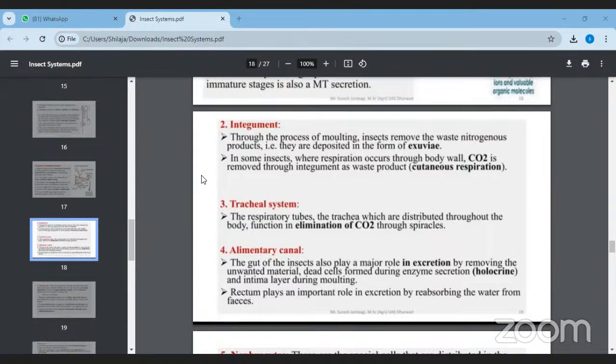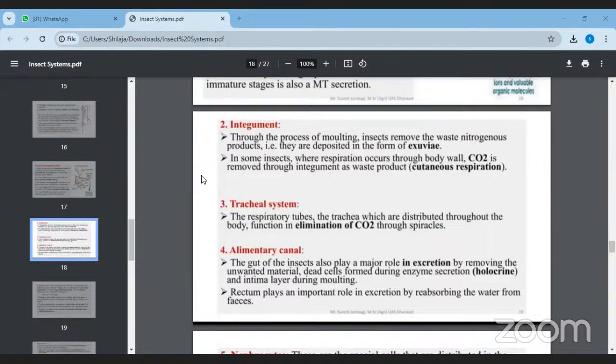Different environmental conditions pose different salt and water problems for the insects. Terrestrial forms are constantly faced with the tendency to lose water through evaporation. So they generally depend on the ingested food for needed water and salt.